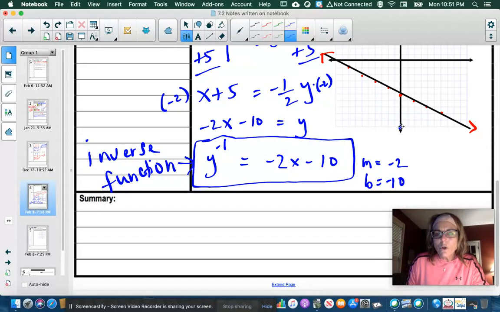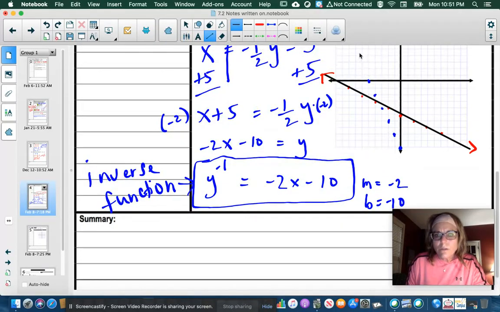So I'm going to go up 2 to the left 1, and repeat that. And let's connect those dots here. And there we go.